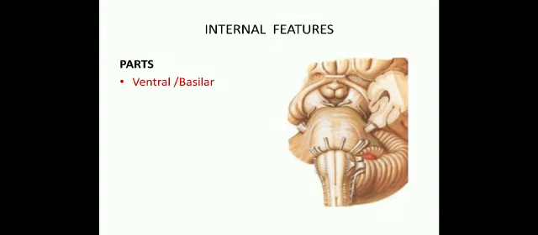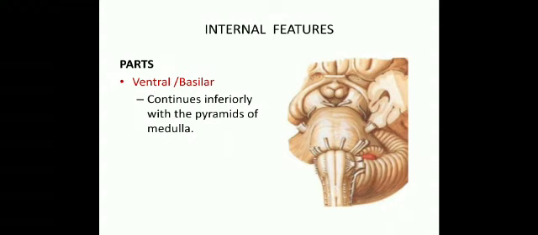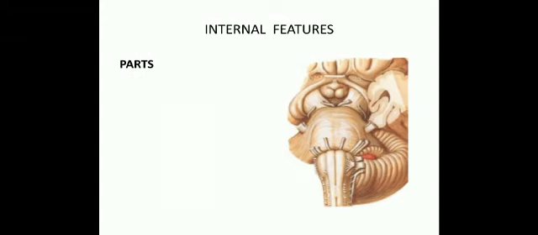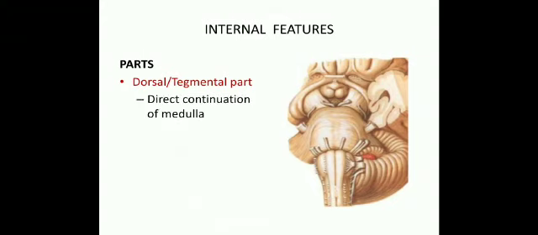So the ventral or the basilar part continues inferiorly with the pyramids of the medulla oblongata. On each side it is continuous with the cerebellum through the middle cerebellar peduncle. The dorsal or the tegmental part is a direct continuation of the medulla oblongata excluding the pyramids.